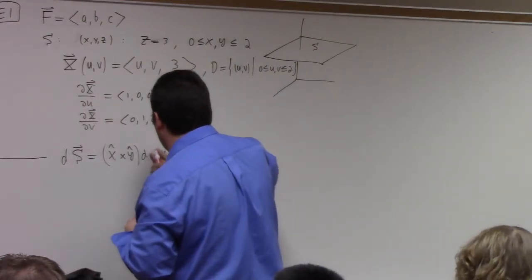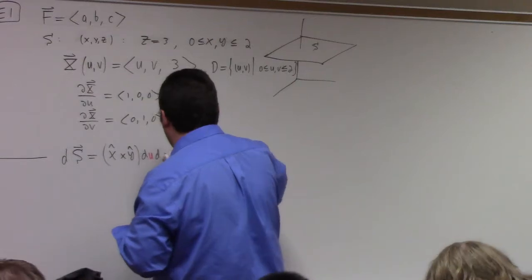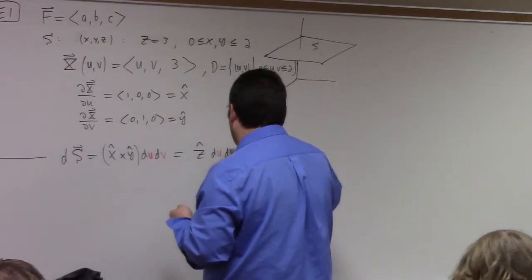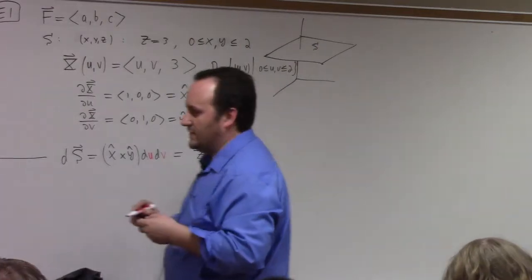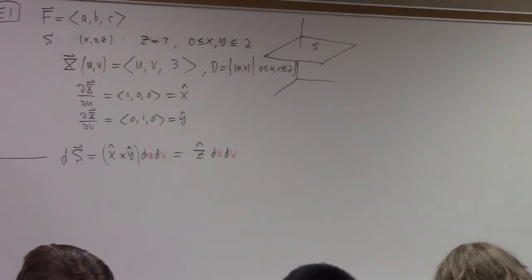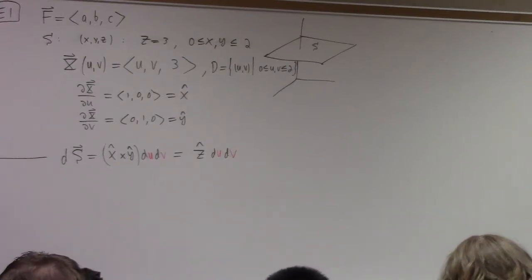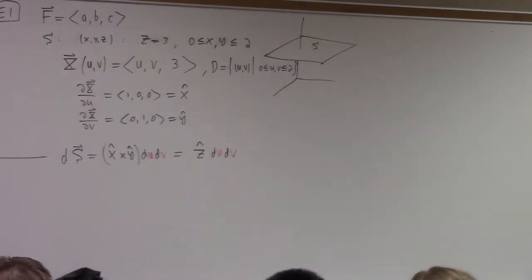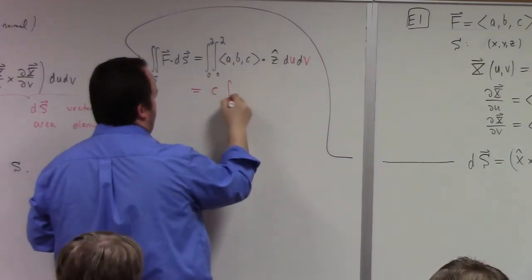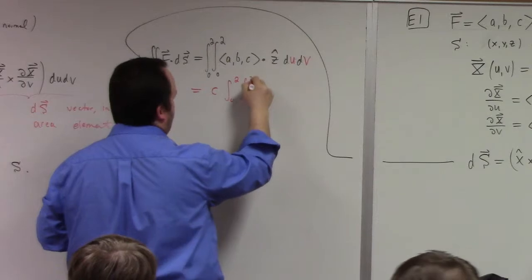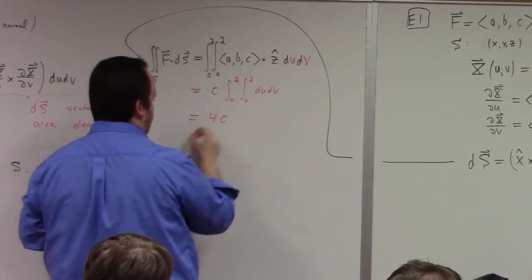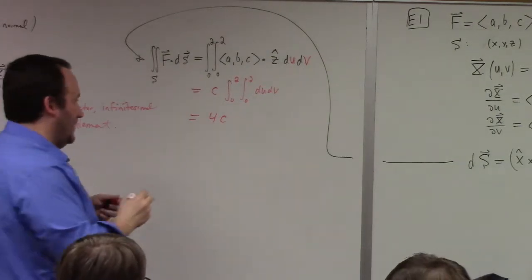I'm just trying to pull it back to the definition, at least to start with. So sorry about that. What I had written wasn't wrong, it just wasn't right. And so this is just C times the integral from 0 to 2, integral from 0 to 2 of du dv, which of course is 4 times C. What is this really?